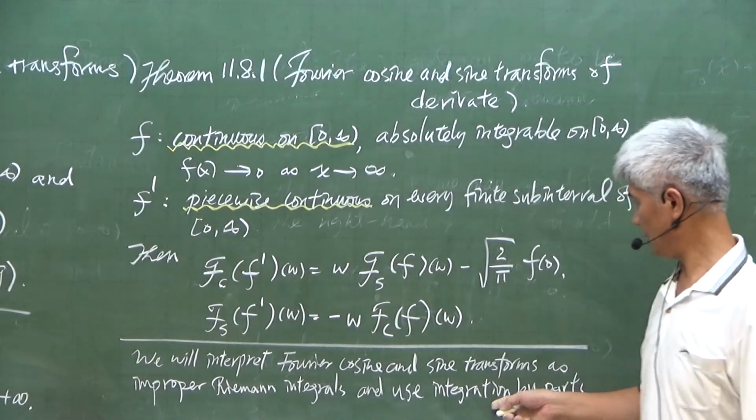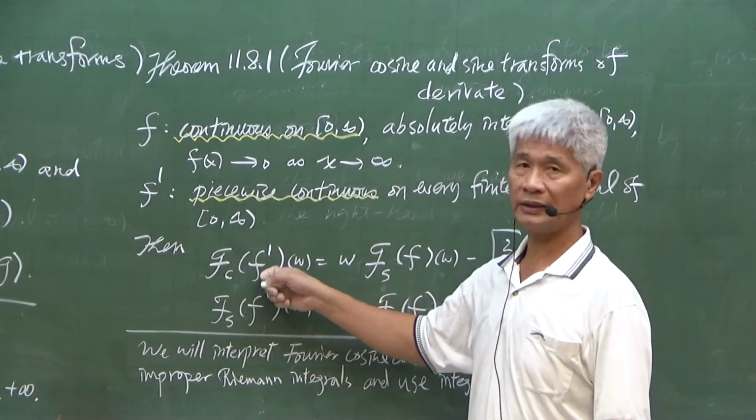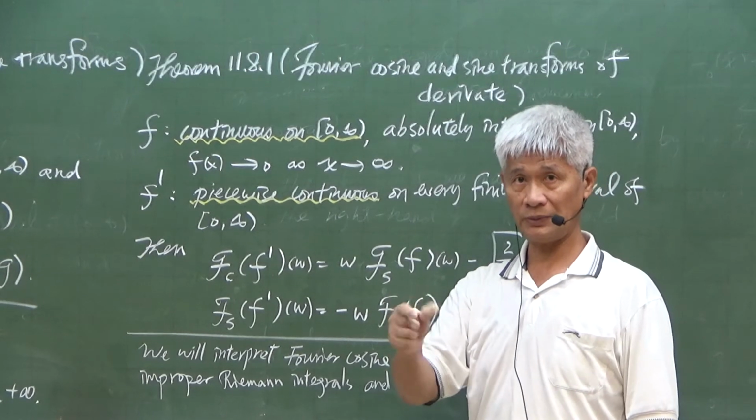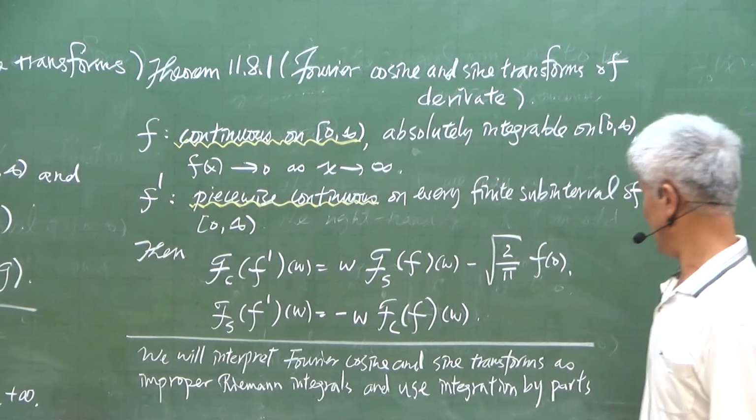Using integration by parts, we can turn an integral involving f prime into an integral involving f. That is the reason why we use integration by parts.